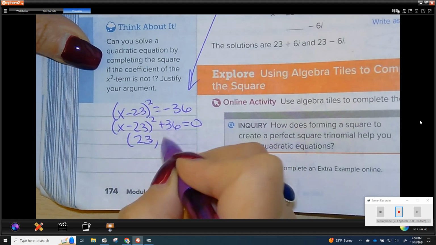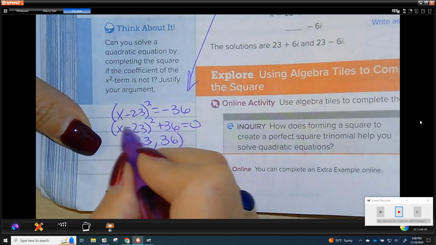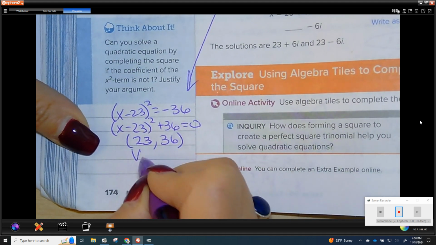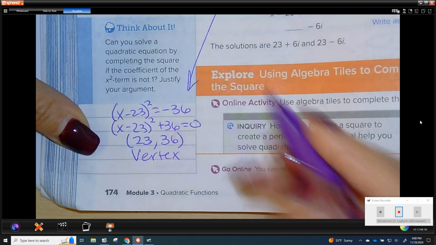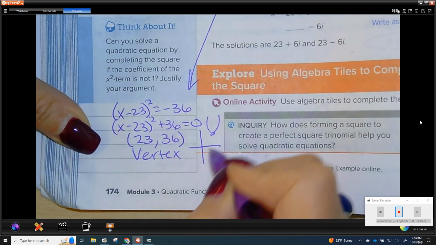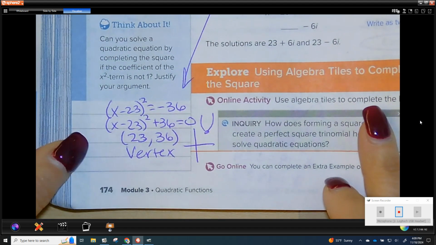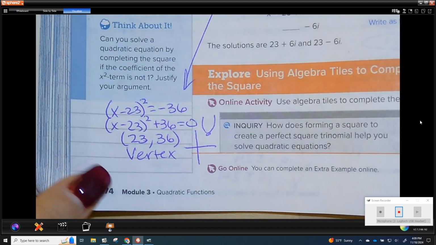Our k is also positive. Remember, inside it's opposite, so that is our vertex. Now, it makes sense to have imaginary zeros because 23, 36 is up here and it opens up, so it doesn't cross the x-axis at all. So that's vertex form because this is our vertex. You just need to get 0 on one side for the vertex form.